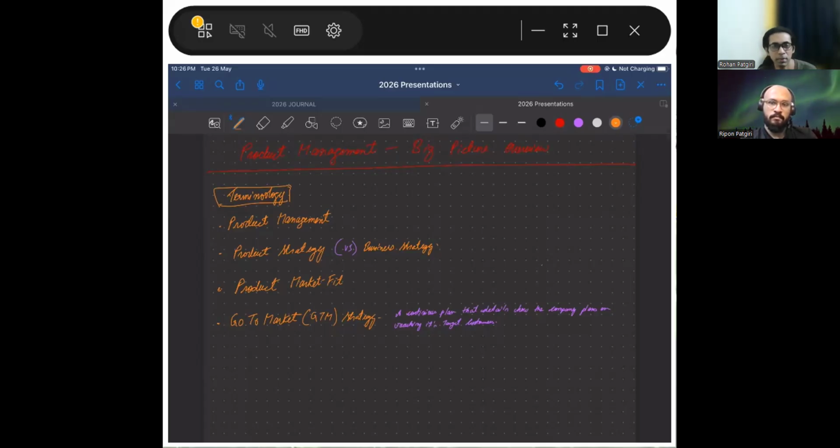Maybe a better example would be Swiggy, because now Swiggy has different things, like the 10-minute delivery and the food delivery, or maybe Zomato. Now Zomato is also expanding into movies, theaters, those kinds of things. So those are different products. When Zomato was beginning, there was very little difference between product strategy and business strategy.